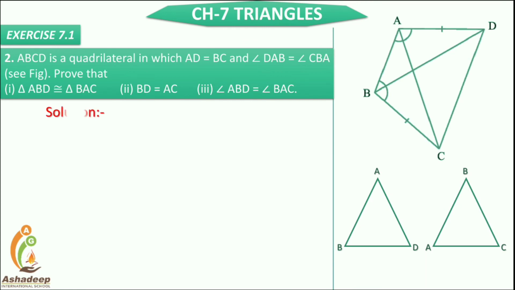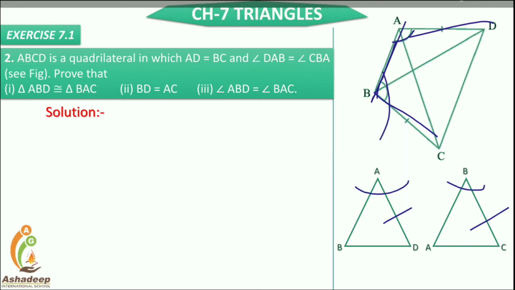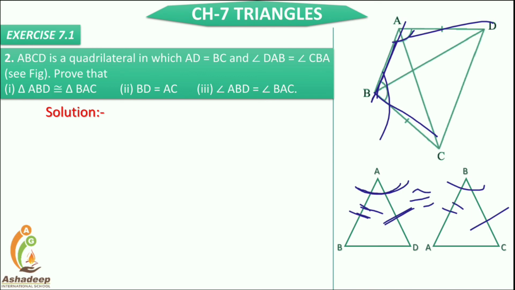Two triangles and the solution. Now what I said is BC is equal to AD, and then angle A and angle B are equal, and then AB is a common side. तो साइड एंगल साइड से दोनों ट्रायंगल क्या होंगे, कॉन्ग्रुएंट होंगे.